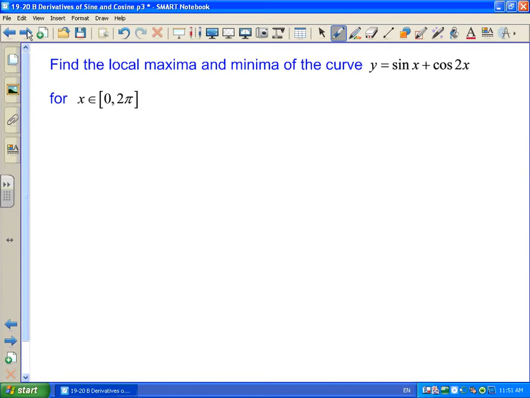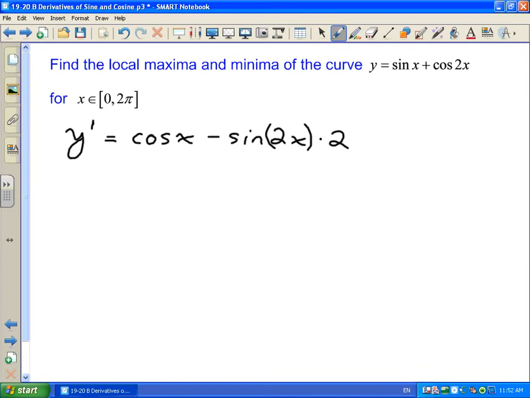What's our first step here? Derivative. So our derivative, we can do this term by term. Derivative of sine x is cos x. Derivative of cos 2x is going to be, sorry, negative sine 2x times 2, where I'll put the 2x in brackets there.